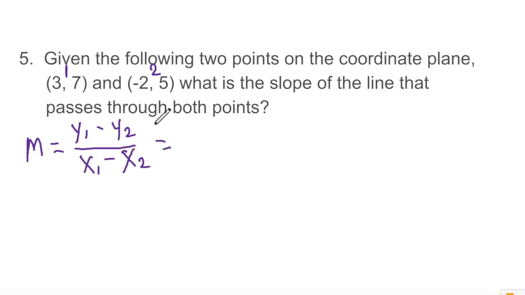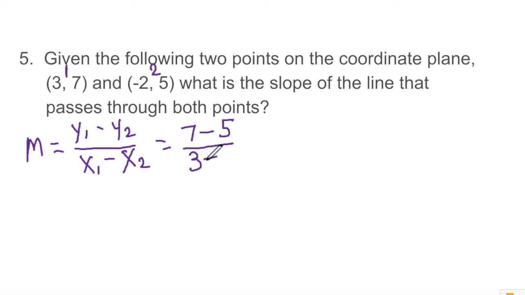And then we just need to plug in those numbers and see what we get. So what is y1? Let's see, 7, right? 7 minus y2 is 5 over x1 is 3 minus x2. x2 is a negative 2.